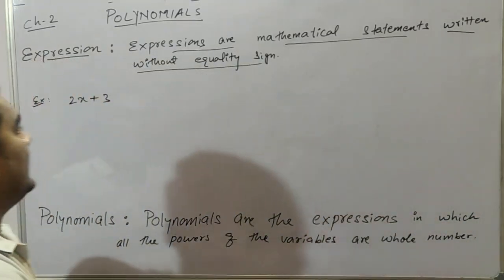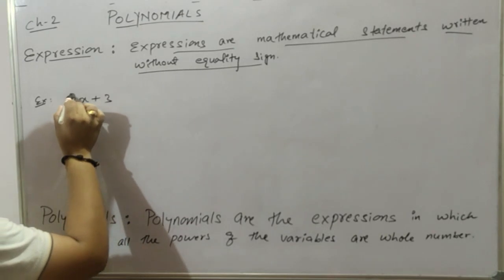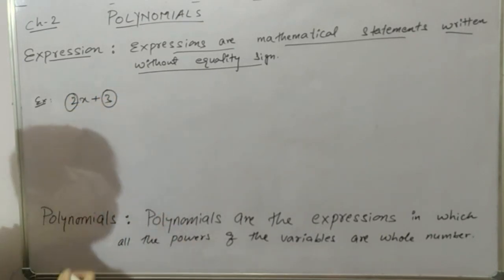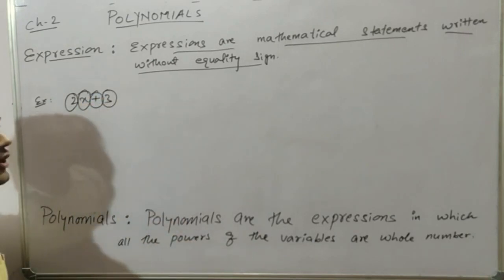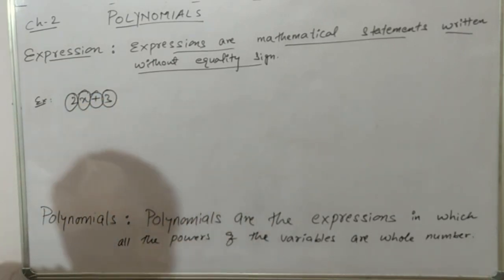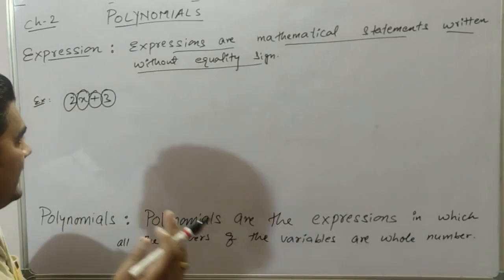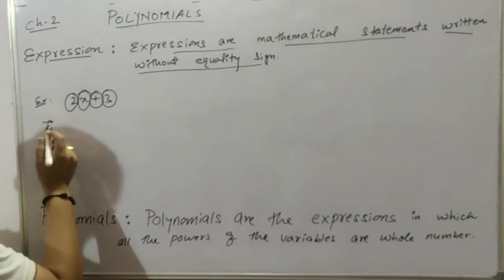Alright, so here let us check. In these expressions we have numbers, we have alphabets, and also we have mathematical operations. Understood? So we can say this is an expression. Let us take a few more examples.